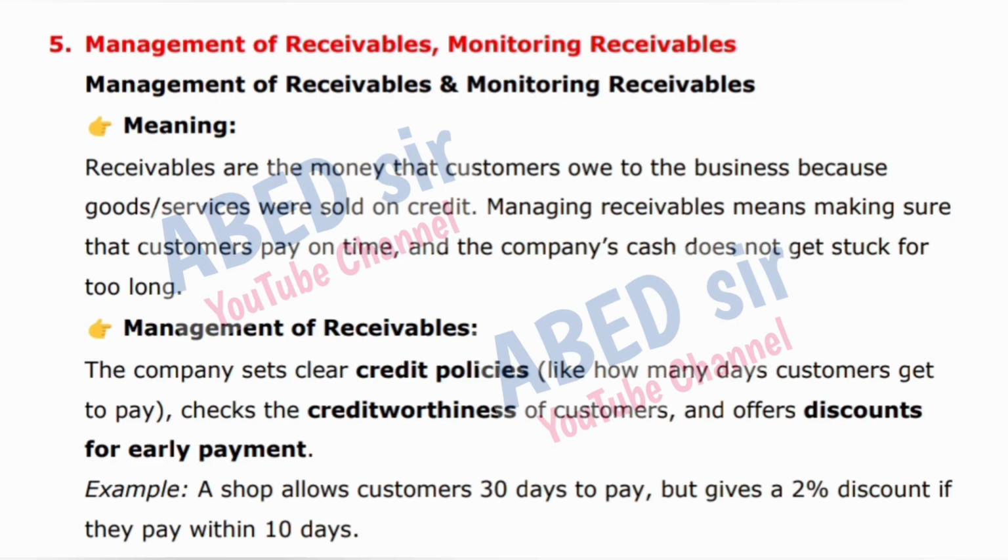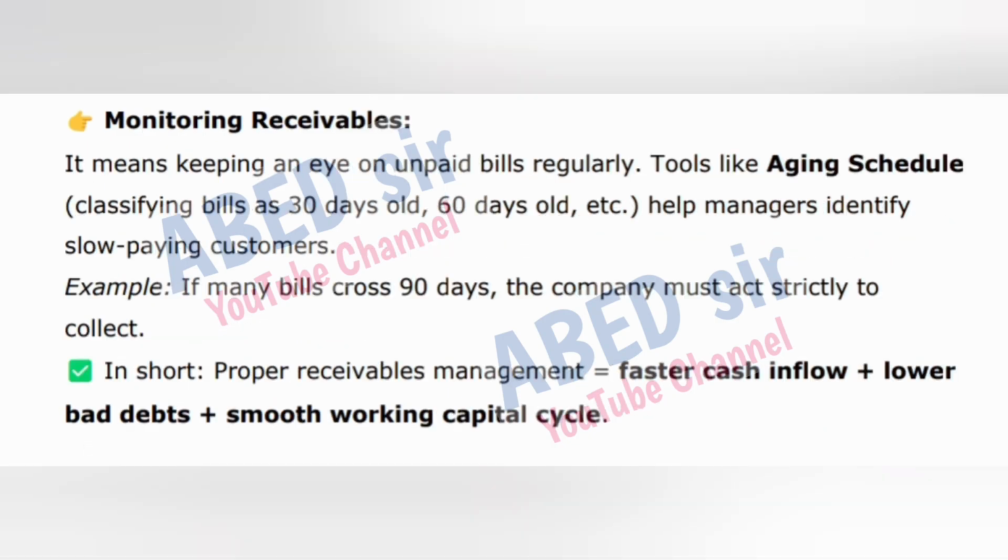Management of receivables. The company sets clear credit policies, like how many days customers get to pay, checks the creditworthiness of customers, and offers discounts for early payment. Example, a shop allows customers 30 days to pay, but gives a 2% discount if they pay within 10 days.